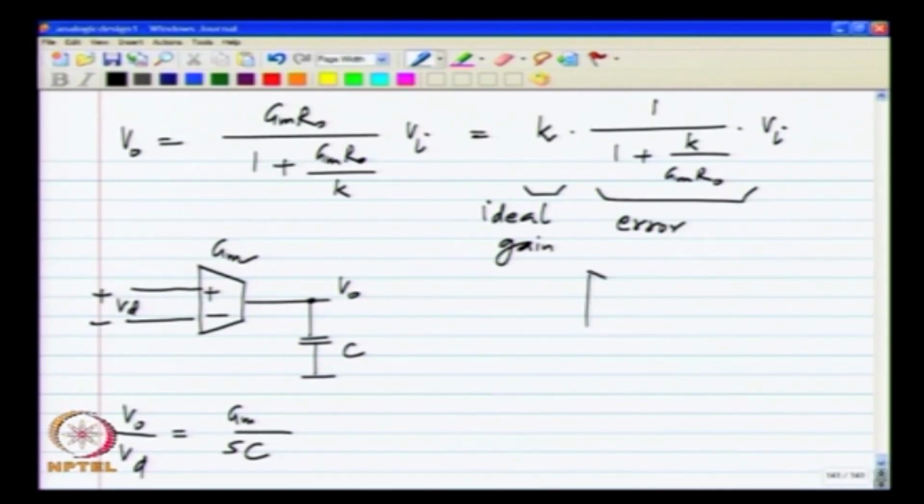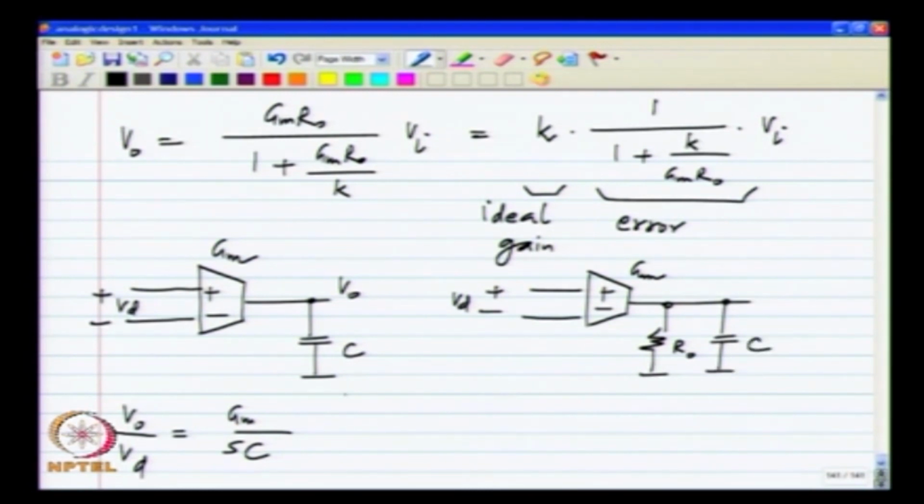But in reality we have Vd, we have Gm, and we also have Ro. So, in this case V naught by Vd will be Gm divided by the total admittance at the output, which is 1 by Ro plus sC. So, we have an extra term and the pole which was at the origin has moved to a different frequency.